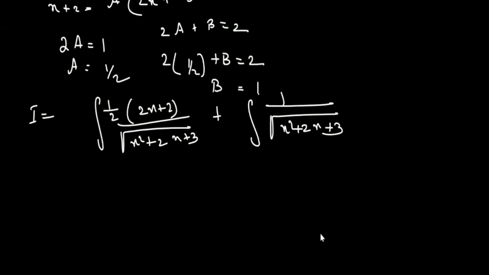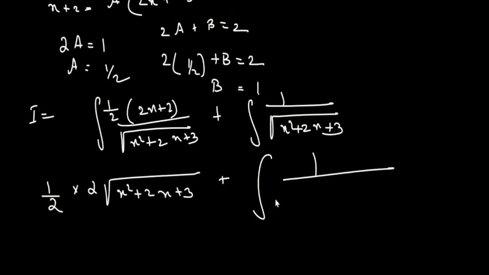So this is half into, you have the differentiation now. x square is 2x, 2x is 2. So the integral of this will be 2 times the denominator, plus this is 1 by root of x square plus 2x. So add 1, divide by 2: 1 minus 1 plus 3.